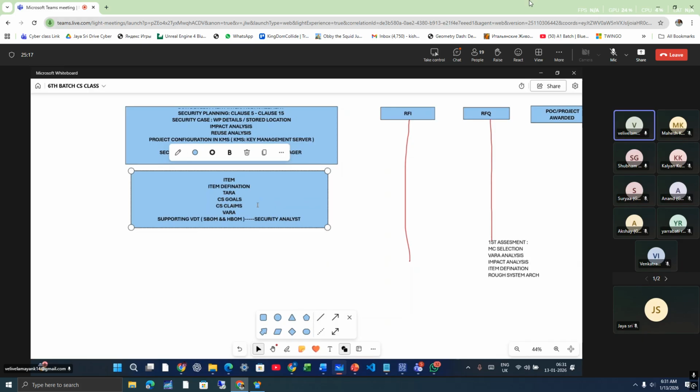Then supporting there. And involvement in the security feature discussions, the strength of the security discussions, that is an optional one. Involved in the security feature discussions. Are the attack trees in here as well, or is that assumed? One minute. Here you'll see TARA is nothing but from item, completely until CS goals. All these steps, attack trees and everything are your responsibility only.